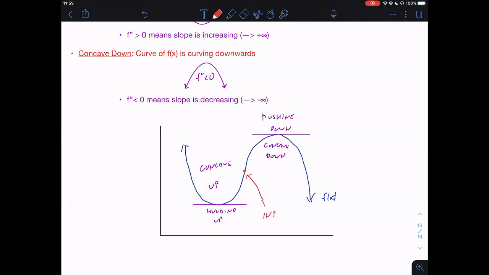Okay, so the inflection point represents the point in which a function changes concavity, changes its type of curvature. I'll denote the inflection point as IP from here on out. Let me make that note here.